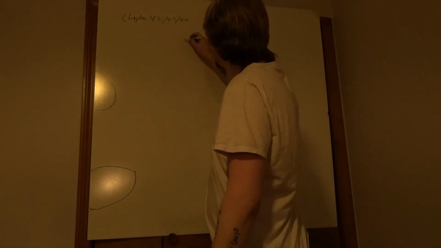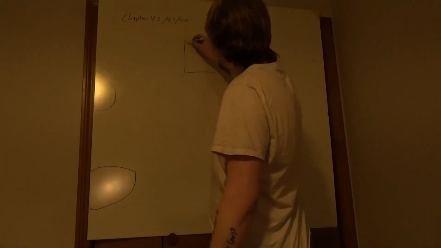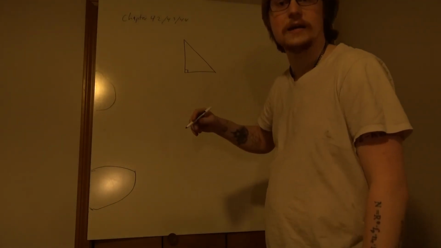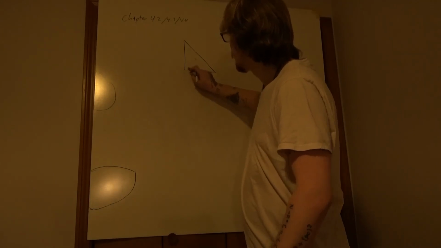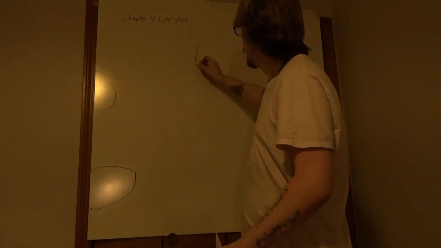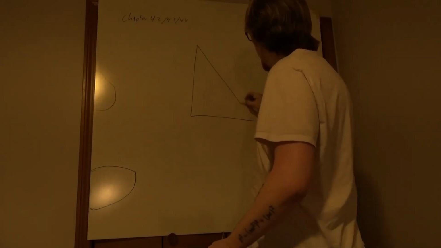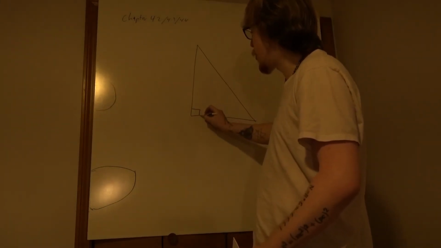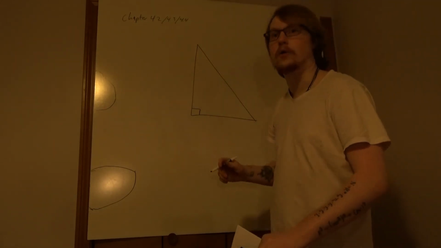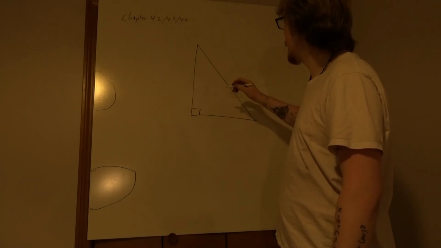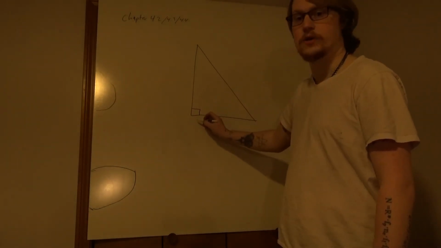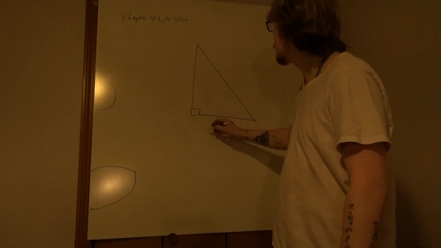If we have a right triangle, as such, we denote which angle is the 90-degree one by putting a little square in it to remind us that it's a square angle, or a right angle. We also say that the two side lengths which are connected to the 90-degree angle are called legs.